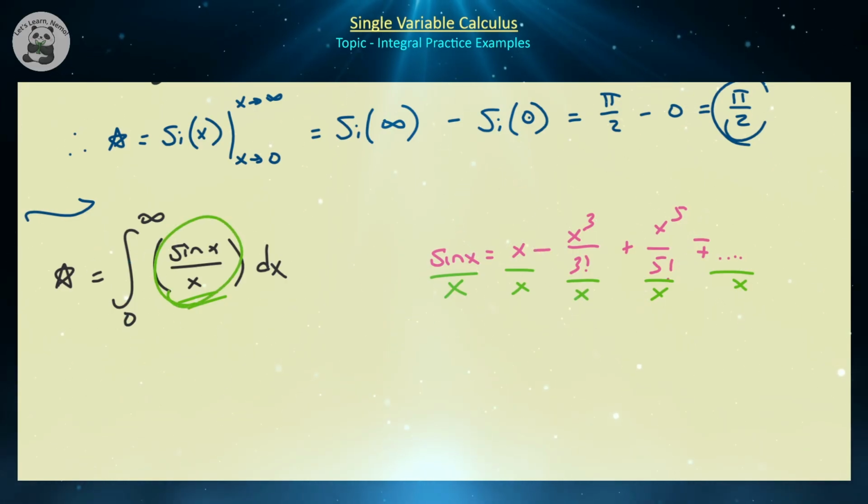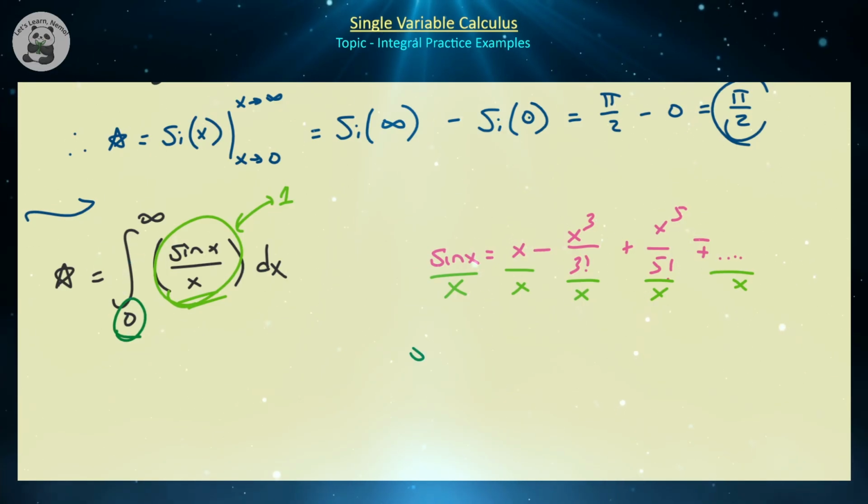And keep in mind, as x gets close to 0, sine x over x gets close to 1. So in some sense, sine x over x does not have a singularity at 0. So dividing by x is actually perfectly okay here, at least as long as we define that we're approaching 0 from the right-hand side and we're not exactly at 0.